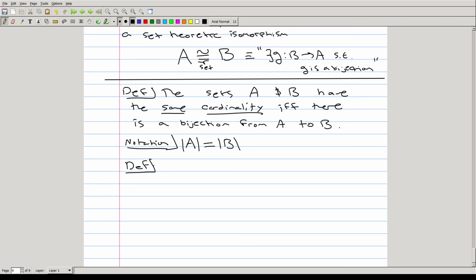We can also define what it means for one set to be of a larger cardinal number than another.